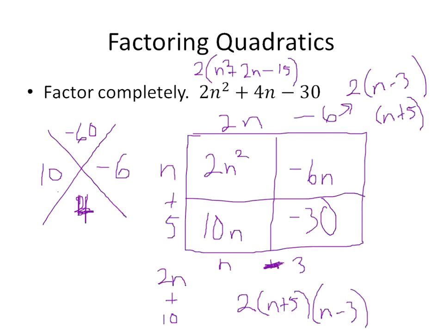So when it says factor, when you're factoring, you have to factor completely. And that means that if you can factor something more, you have to do that. So you can either factor out something like a 2 at the beginning, if it's possible, or I can wait till I get down to the answer, like you did here or there, and then factor it out.